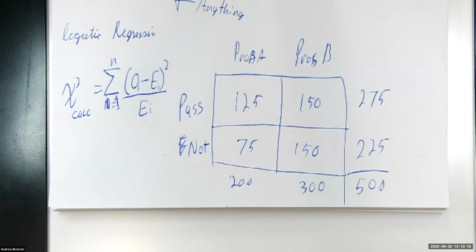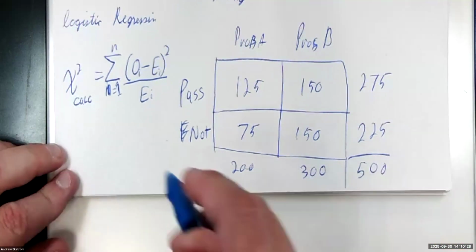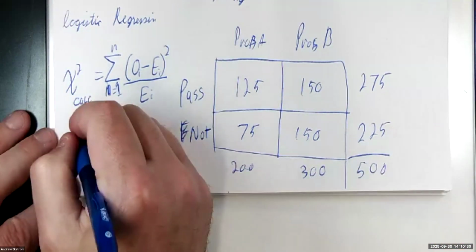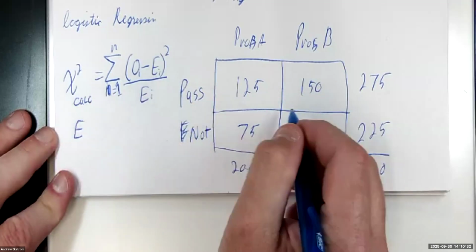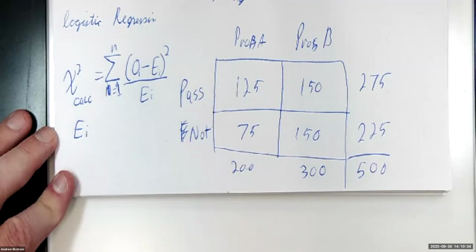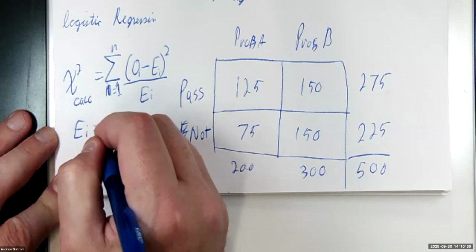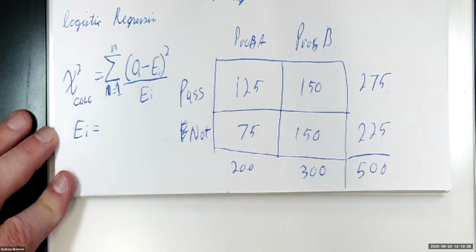The formula for that is a bit. But for any one of these, so E sub i, the expected value, and again, this is assuming we have no idea what we should be seeing here, other than this is what we saw.